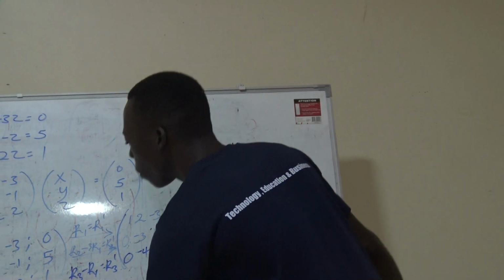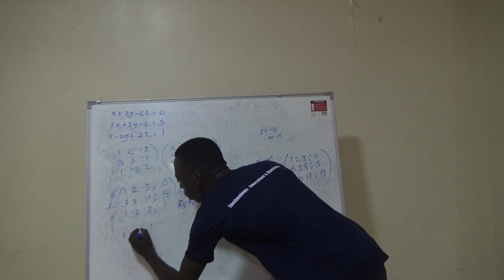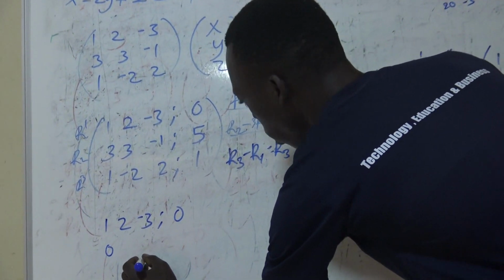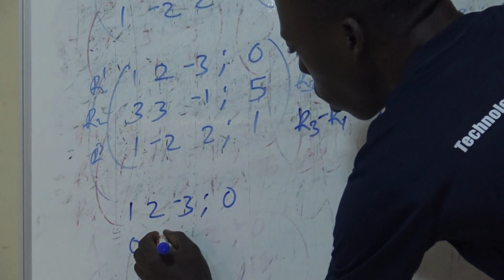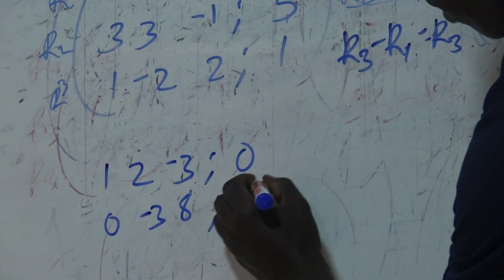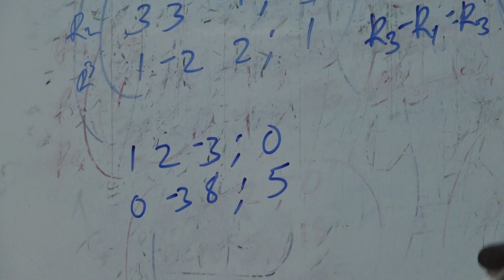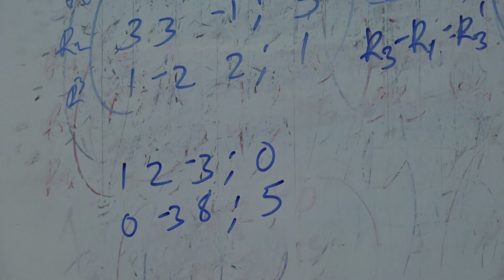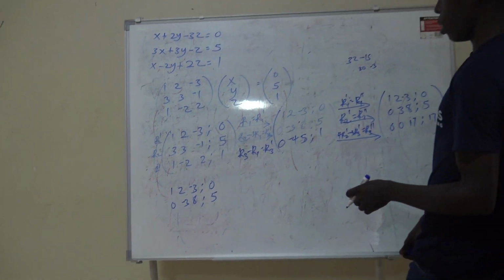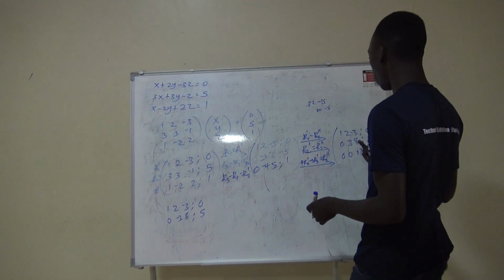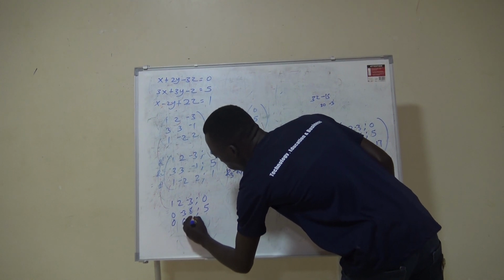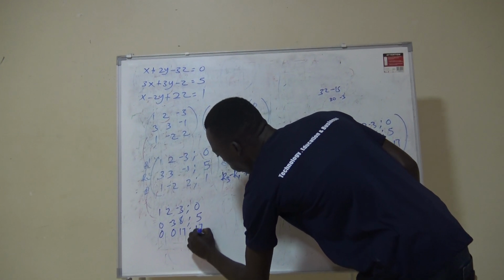So we said you come here, you say it is 1, 2, negative 3, 0, this is 0, that is negative 3, 8, this one is 5, then this one is also 0, 0, 17, then here 17.